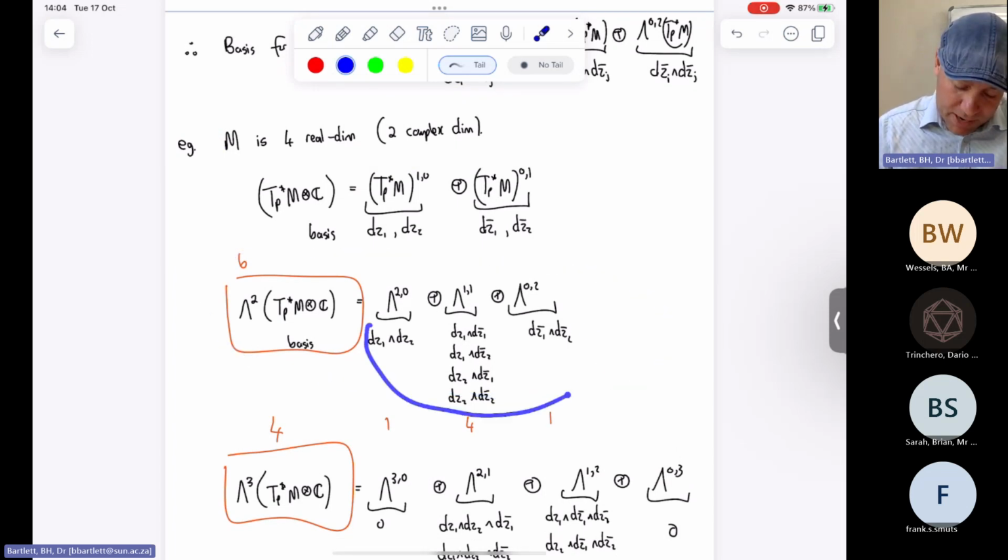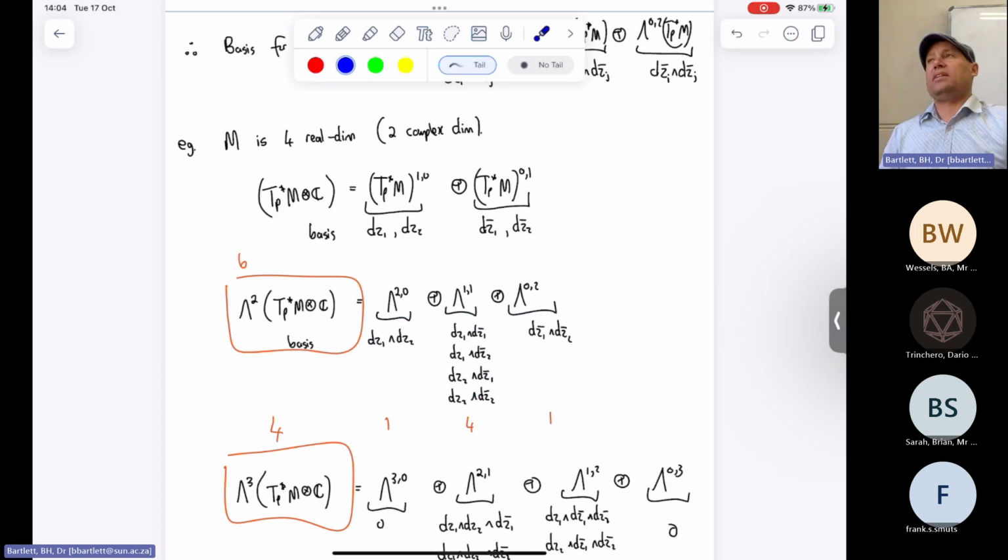And yeah, I should be a little bit careful here. I talk about dz and dz bar. And if I'm doing that, what do I mean? Am I saying that z is actually a coordinate? That's a bit naughty. I just mean the basis dual to the del x and to the del x plus i del y.